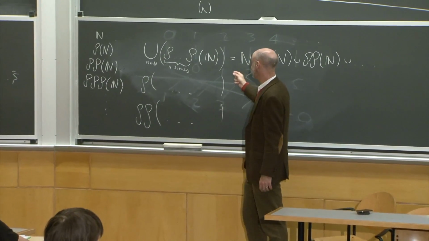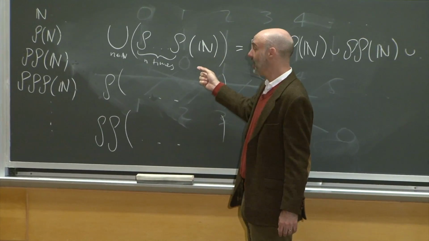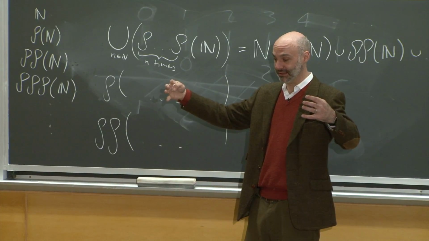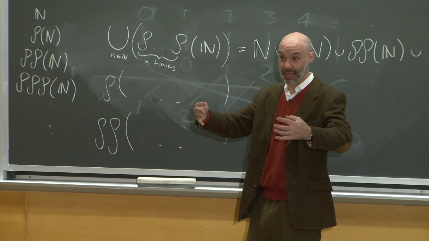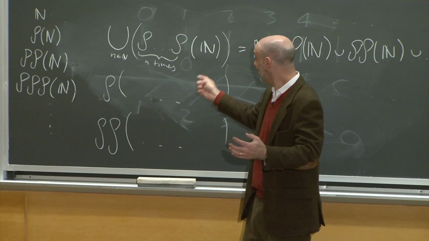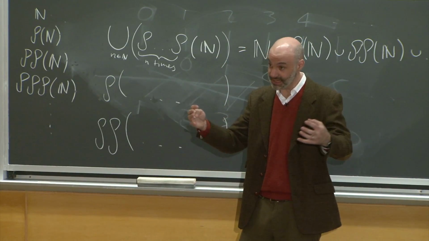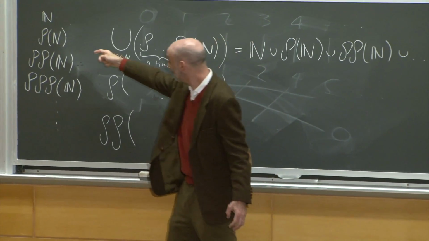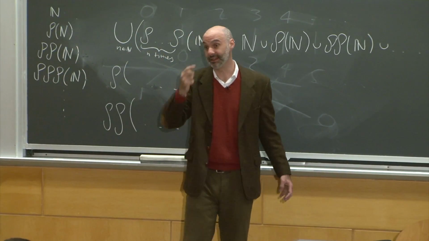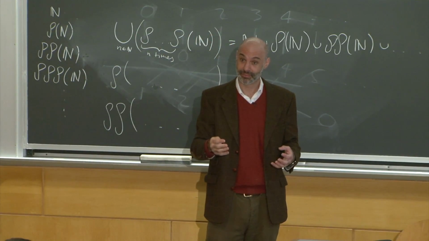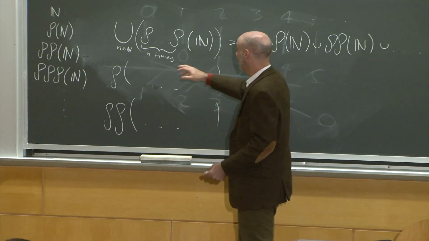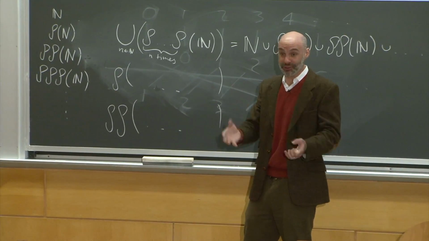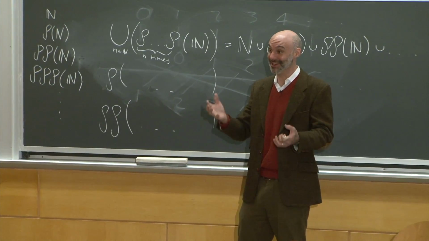So for any n, you can find an element which has n-level nestings of brackets. But crucially, there is nothing in here where you have infinite nestings of brackets, because everything in here comes from some finite level of this hierarchy, and every finite level has only finite nestings. So it's not that you go from finite nestings to infinite nestings. What happens is that you put together all kinds of finite nestings.